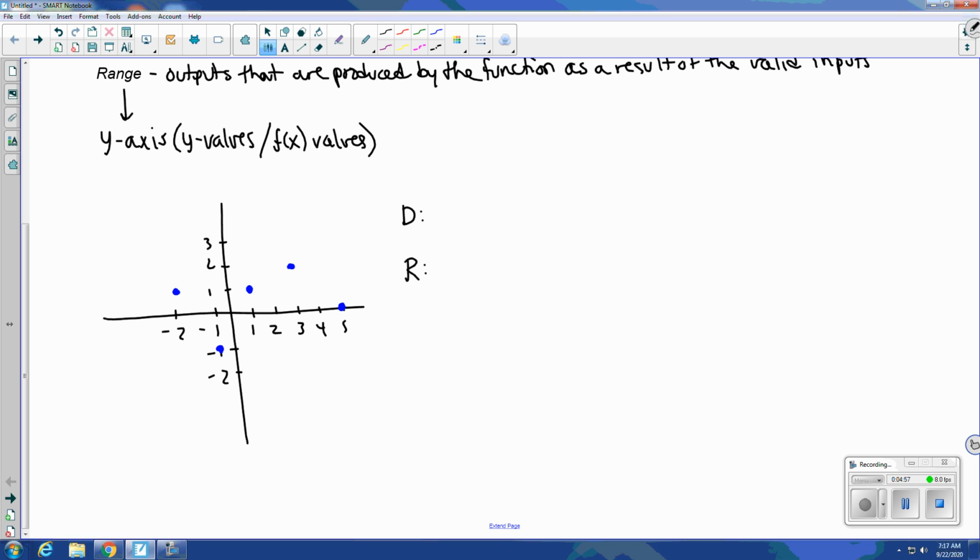Because we're dealing with single points, we don't have to showcase a whole interval, so I don't need to use interval notation. I'm just going to list the points that fall in the domain.